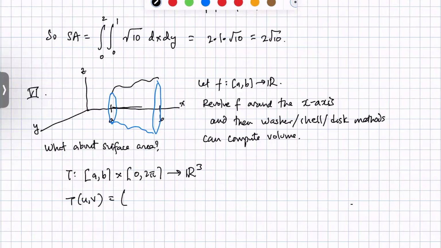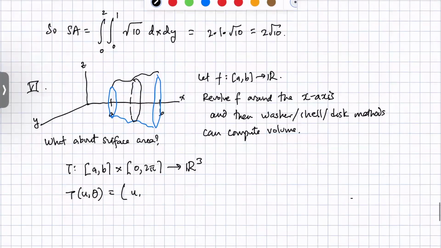All right, let's think about this for a second. The x coordinate just goes from a to b, so that is just some u. Now, what about this piece right here? Instead of calling it v, maybe I should call it theta, just to remind ourselves that it's an angle. Maybe it's better if I change coordinates slightly to make the picture easier to see.